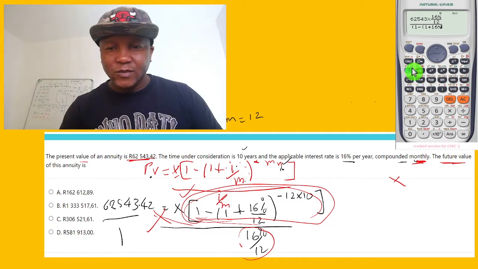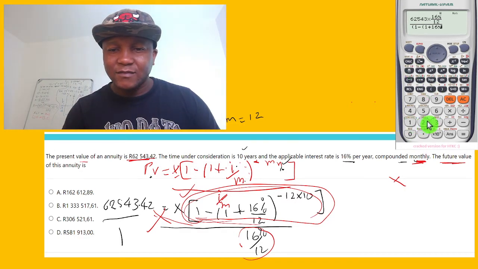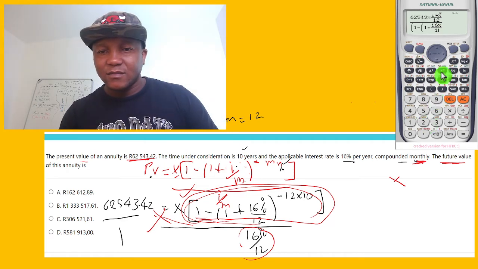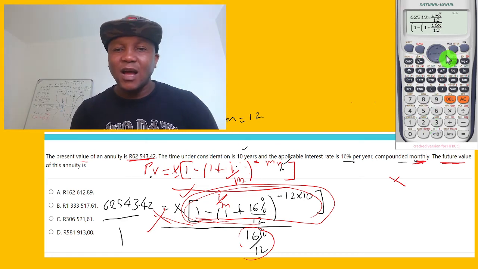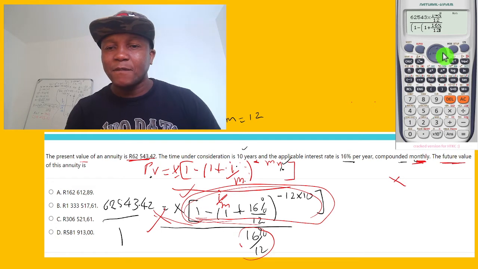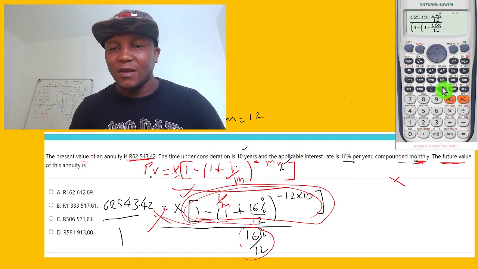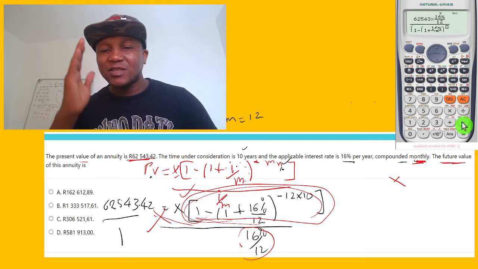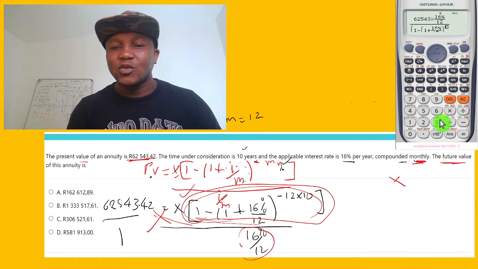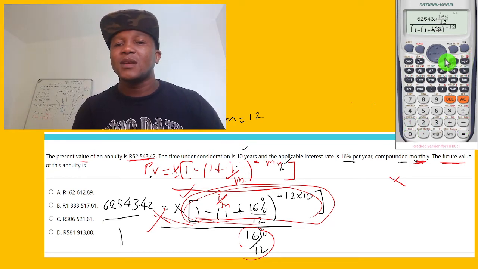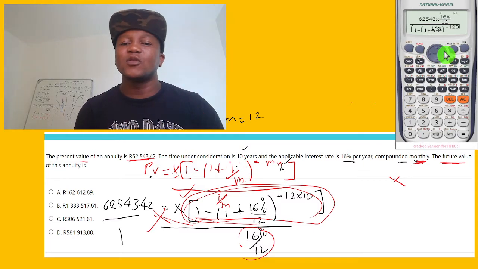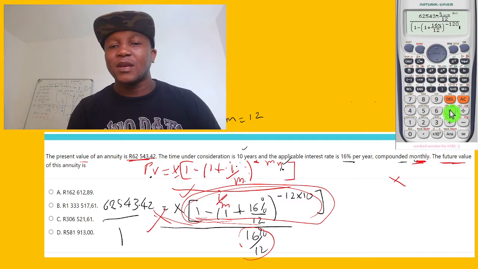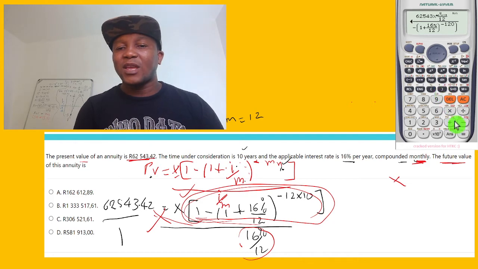Then we close the bracket, and then the power is negative 12 times 10, negative 120. Then close another bracket, because negative 12 times 10, and then close the bracket, and now this is going to give us the value of X.